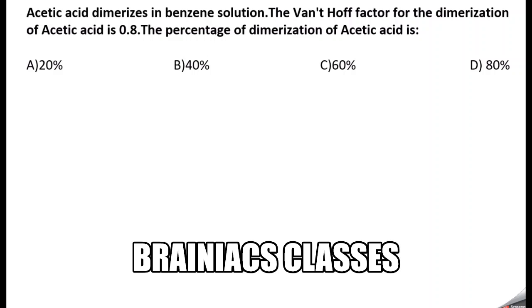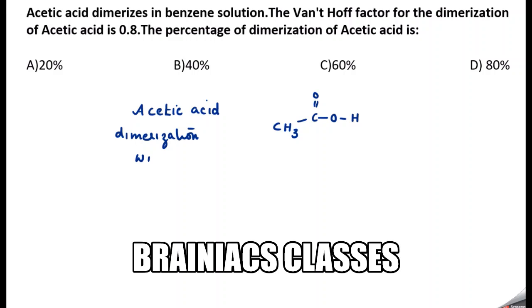So here are some important points you need to remember. One is we know that acetic acid is CH3, C double bond O H. So this is acetic acid. This usually forms a dimer. So the main thing is it will do the dimerization. This dimerization will happen in benzene only.